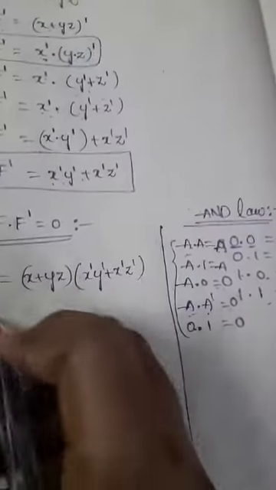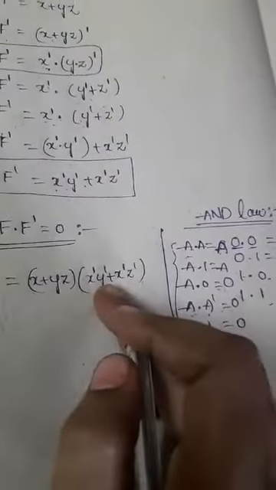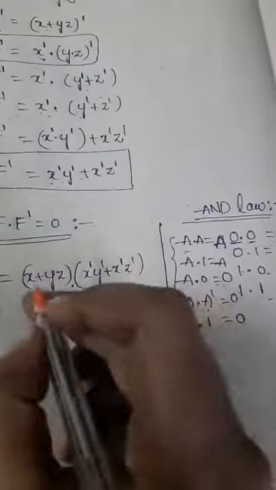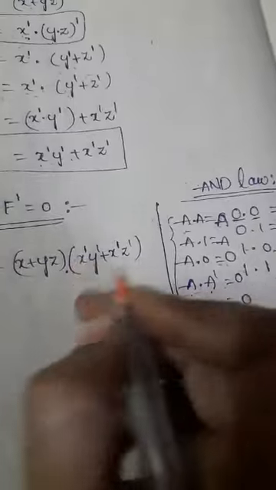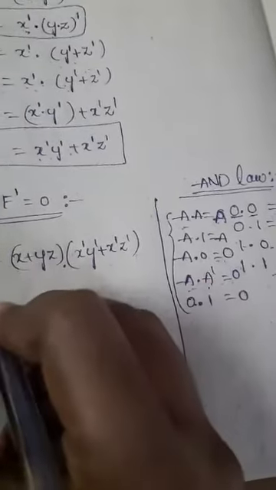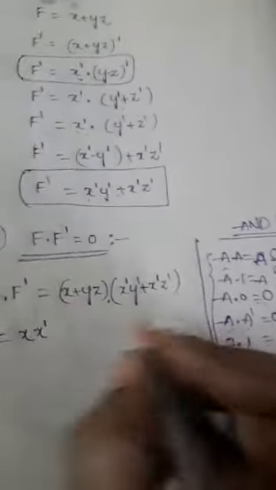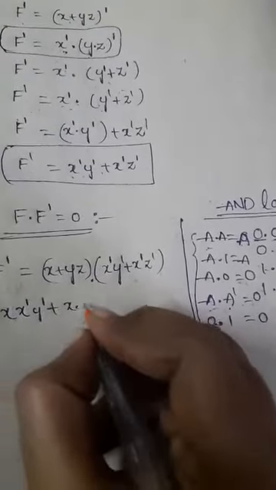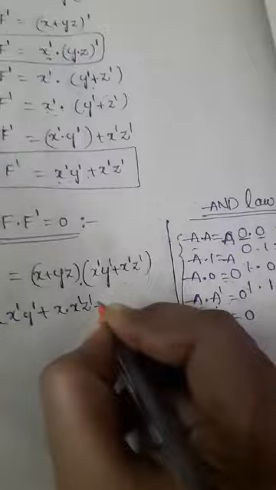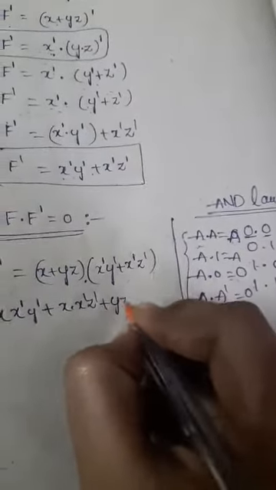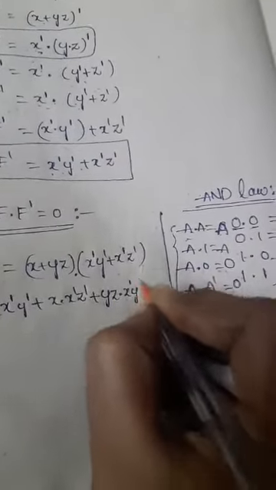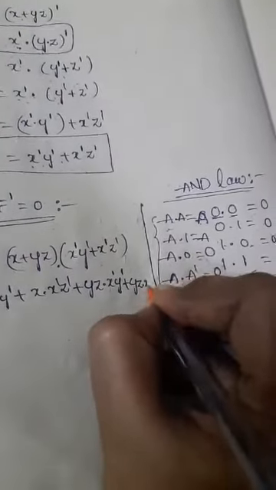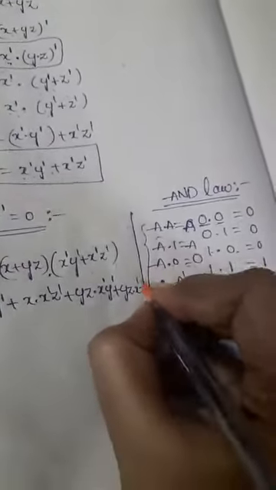Now simplify this part. This is multiplication, right? In between these two terms we have the AND, so we can multiply. Each and every term will be multiplied: x into x complement y complement plus x into x complement z complement, and here also yz into x complement y complement plus yz into the second term x complement z complement.